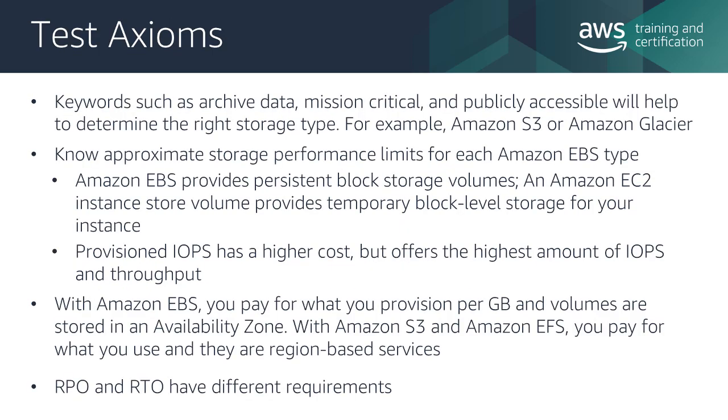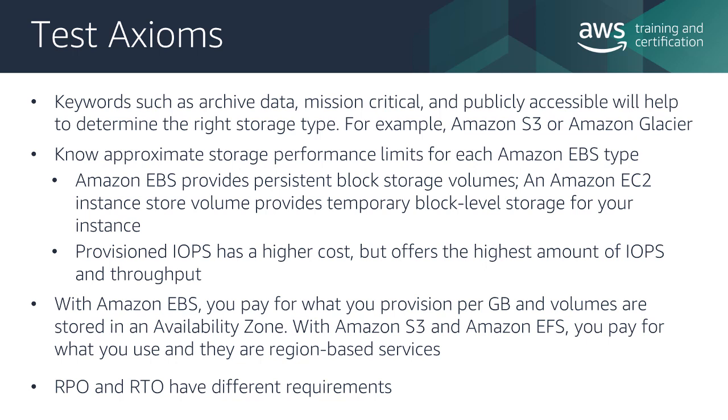For example, wrapping it up. If you're looking through questions dealing with storage, look for keywords that automatically flag specific solutions. For example, anytime you see low-cost archive, that's Glacier. If you're looking for publicly accessible, that might be S3.